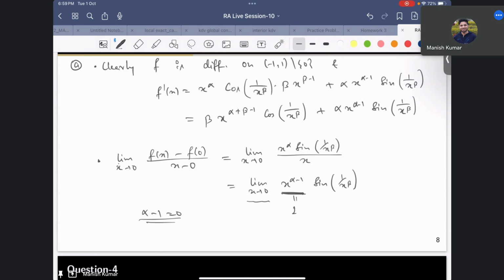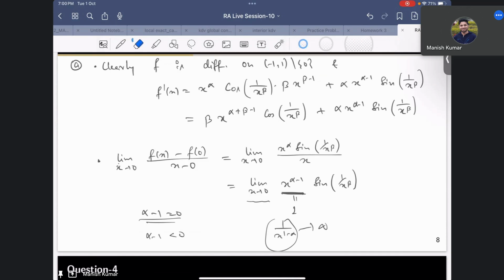It is not converging to a particular point, because the sine function takes all the values between 1 and −1. But if α − 1 is negative, then I'll have 1/x^(1−α), and as x goes to 0, this will blow up to infinity if x is positive, and if x is negative, this will go to minus infinity. So in that case this is unbounded, so again the limit will not exist.